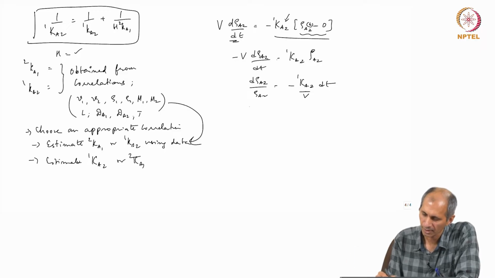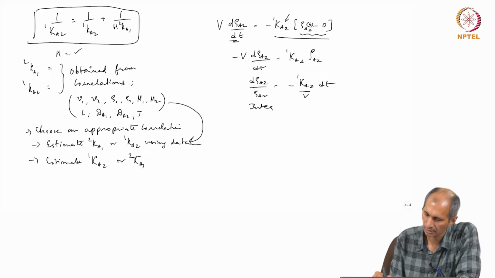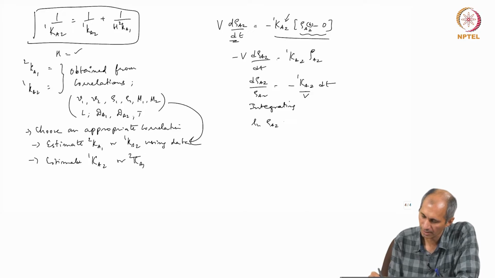equation. We integrate this, we have ln rho A2 equals minus Ka2 by V t plus some c1, something like this.